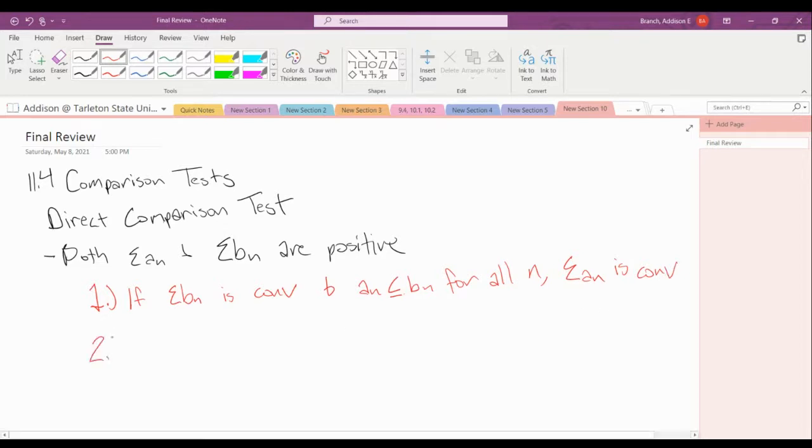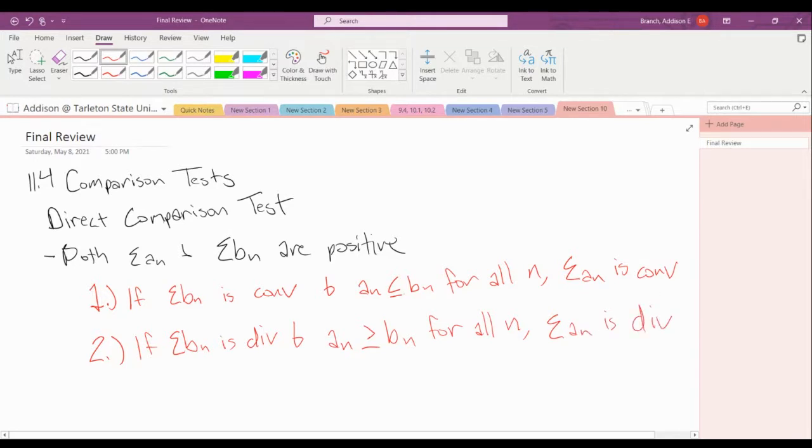The second piece is that if series B is divergent and a_n is greater than or equal to b_n for all n, then series A has to be divergent.